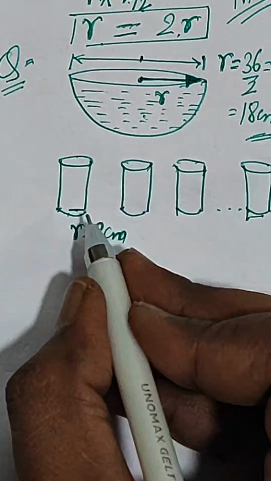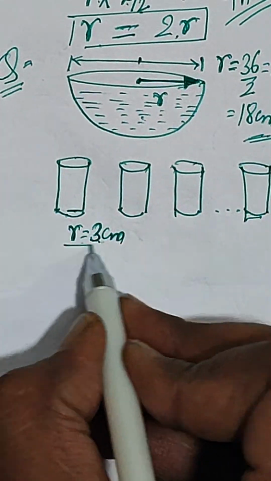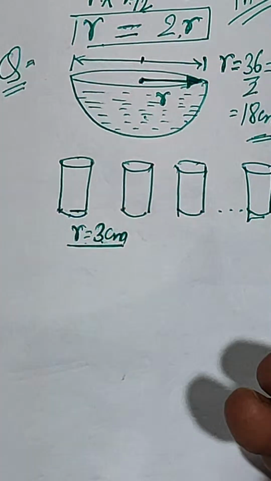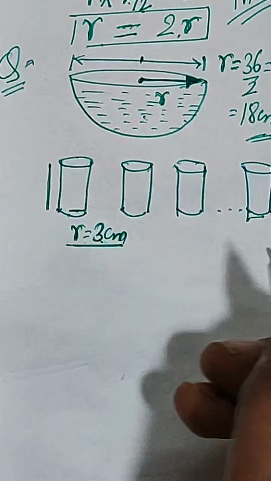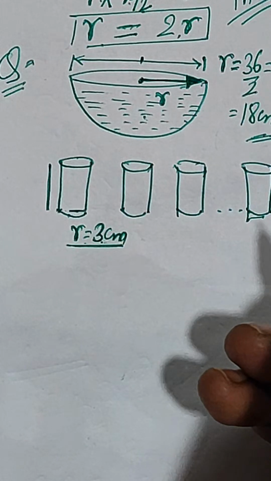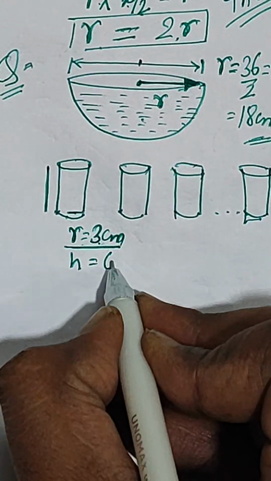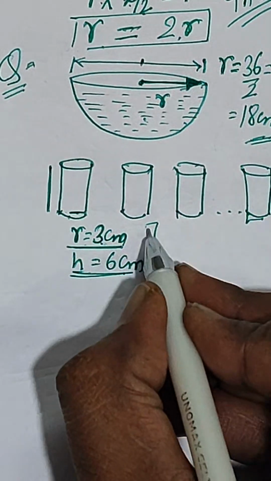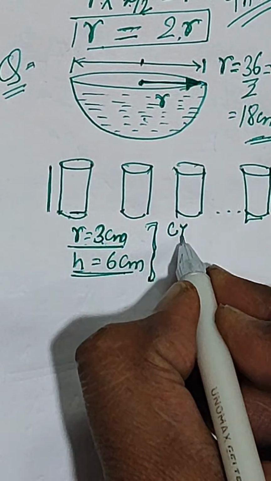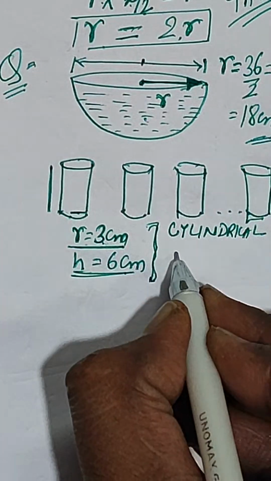For this cylindrical bottle, the radius is given in the question as 3 centimeter, and the height is given as equal to 6 centimeter. This is for the cylindrical bottle.